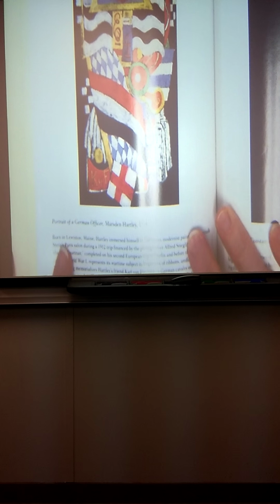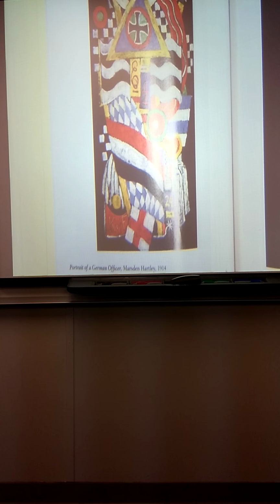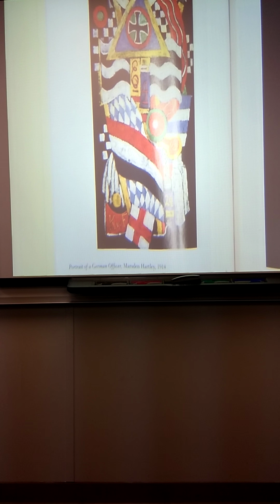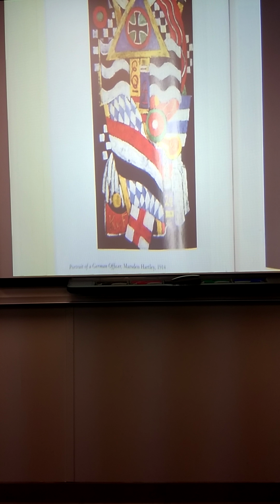Here's another one. If we think of modernism as being fragmented and blown apart, we just get a compilation of colors and stripes and textures and some icons. This is from 1914, and the title of this is Portrait of a German Officer by Marsden Hartley.